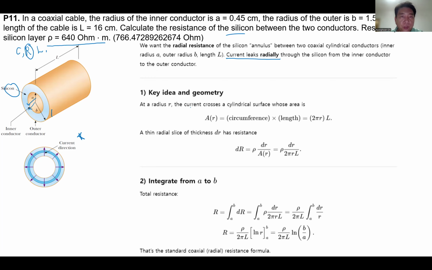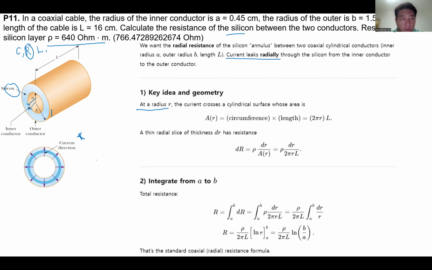So let's try to find out what is going to happen at a radius of r. We are looking at a cylindrical structure.